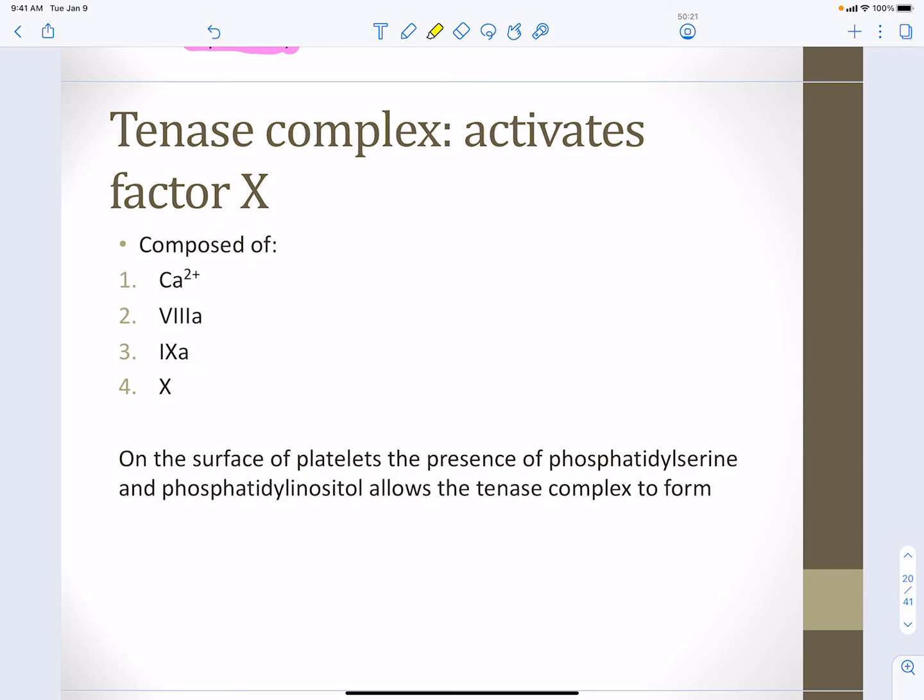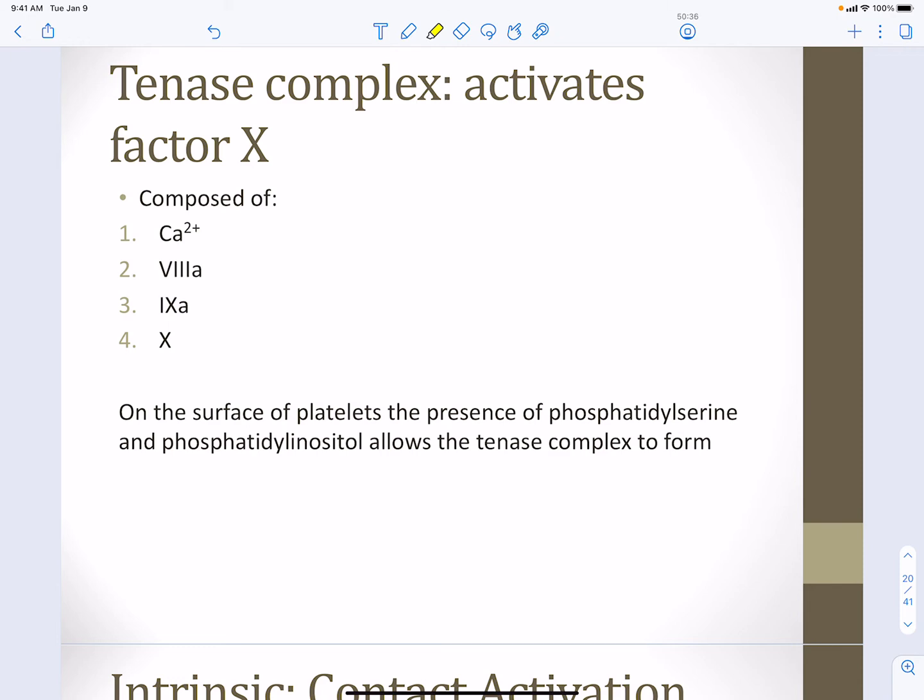So the tenase complex is going to activate factor 10. Tenase complex is simply made up of factor 9A, 8A, and calcium, as well as 10. And on the surface of platelets, you're going to have phosphatidylserine and phosphatidylinositol, which allows for the formation of your tenase complex.